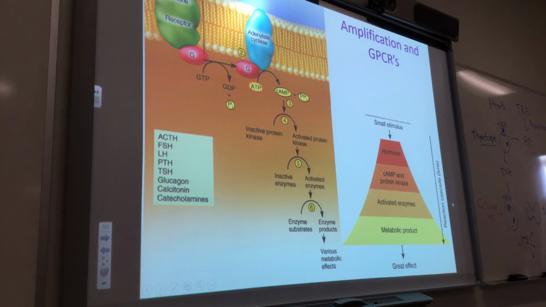So again, phosphates are playing a role there. So amplification for the test: turning on a single hormone molecule results in the production of a whole bunch of product molecules down here. So you have a lot of enzyme products that can give you these various metabolic effects.